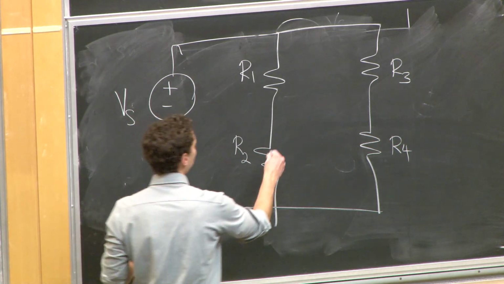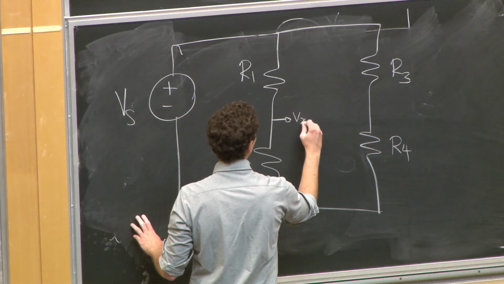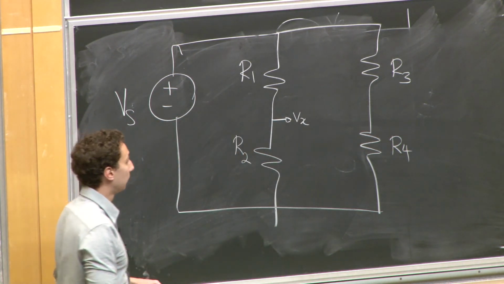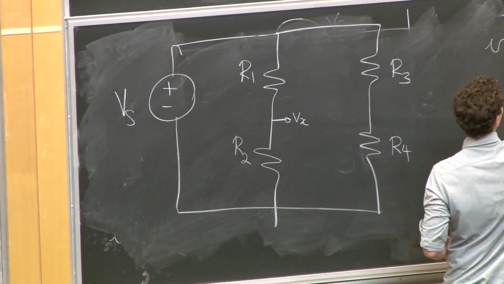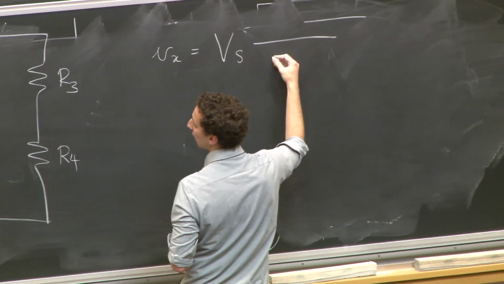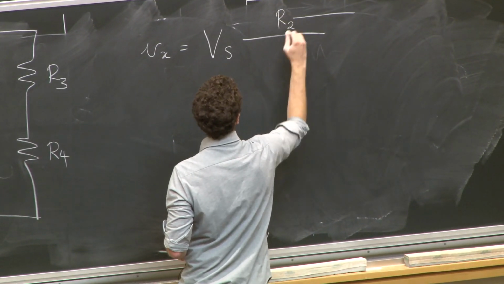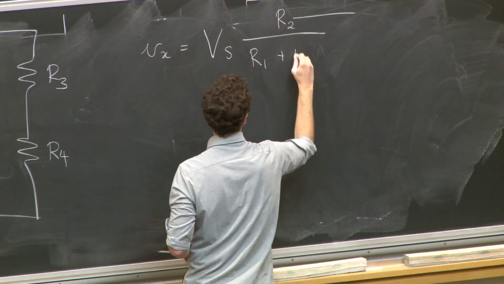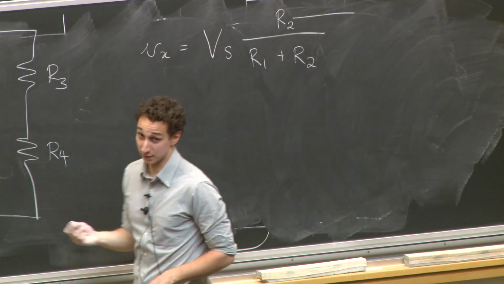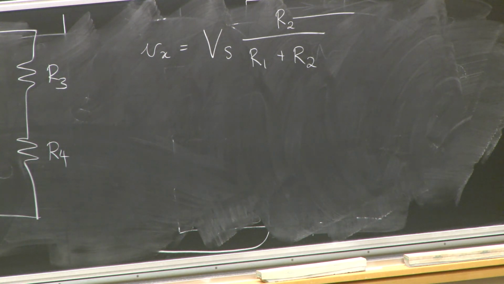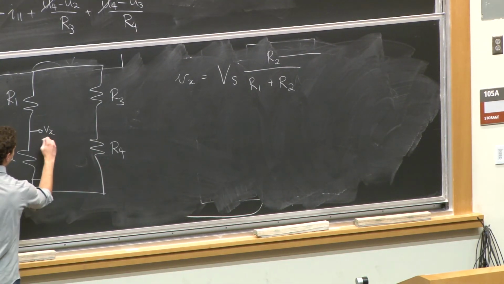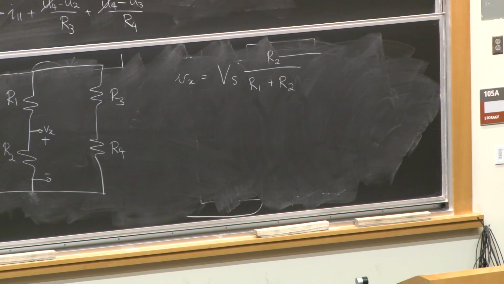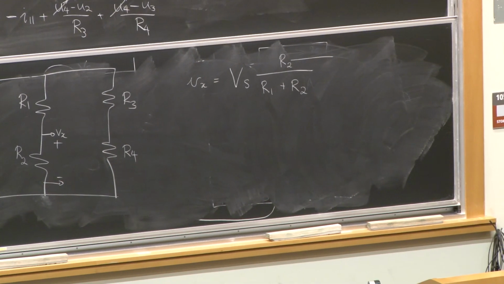So if I label this node right here Vx, say, Vx is going to be the source voltage, Vs, times what? R2 over R1 plus R2. Right? And there's an assumption that I made in this, because a potential at a point doesn't really make sense, right? So I've taken the potential difference across this resistor right here. That's what I'm calling Vx. Okay?